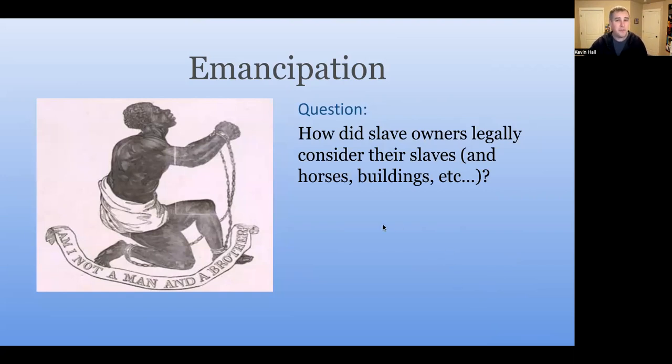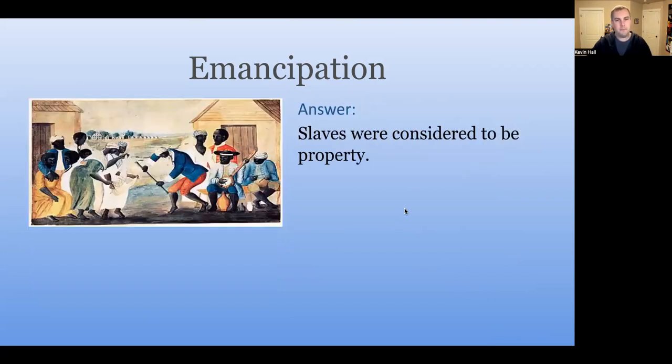So we've talked about this before. How did slave owners legally consider their slaves, right? Well, they thought of them as property, right? Now, as much as Lincoln didn't agree with that himself, he's basically saying, okay, wait. So you're saying that these aren't people.